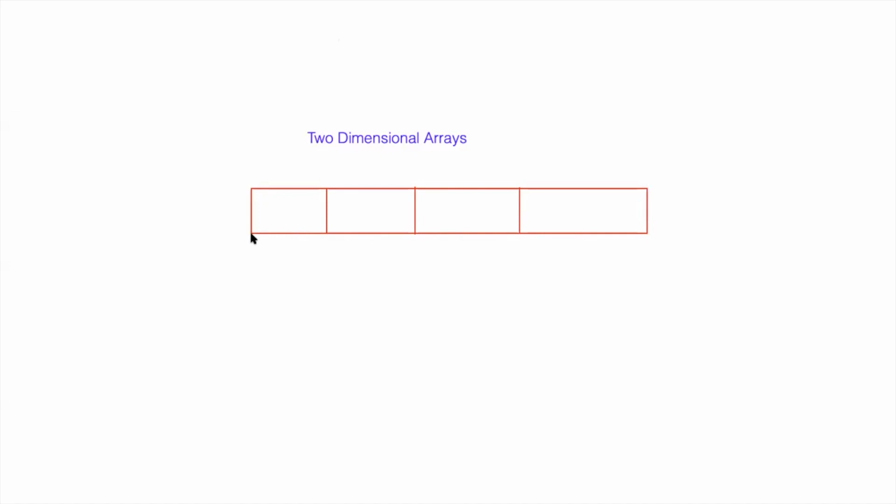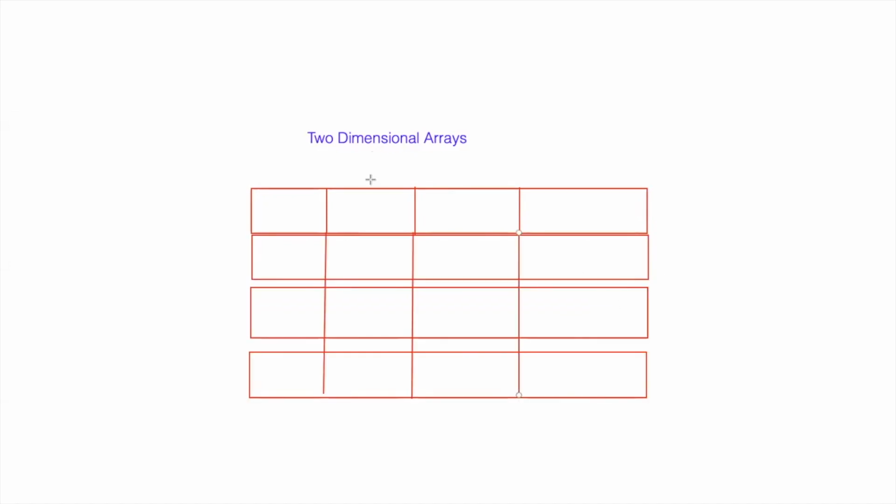So a two-dimensional array looks like this. It looks like one table. So before, my one-dimensional array looked like one row, but right now I also have columns. So I will have my points, like the first one is 0 0, and the second one is 0 1, 0 2, 0 3, and we will have 1 0, 2 0, 3 0, and so on.